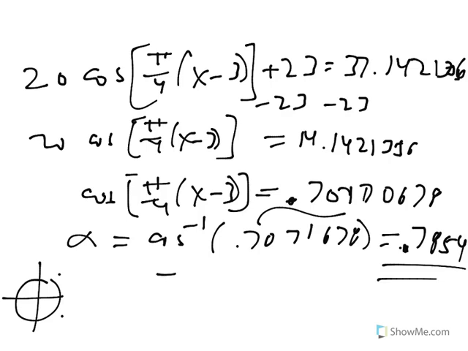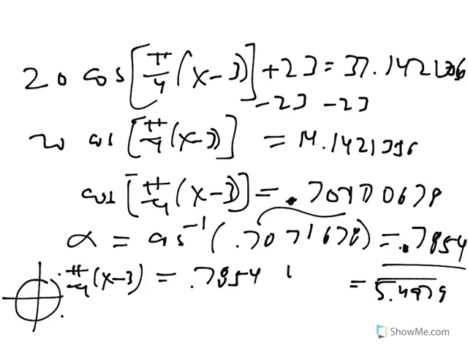So this 0.7854 is going to lead us to one of the answers, but the other one is going to be 2 pi minus 0.7854, which is 5.4978. Now that's not the answer yet. That's what pi over 4x minus 3 equals. Still got a lot of work to do.